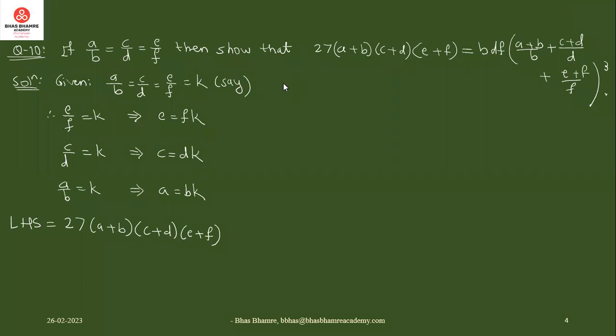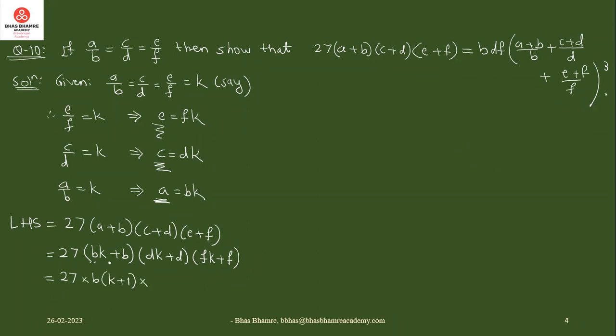We shall put the values of the known things A, C, E. So 27 into bracket BK plus B, into DK plus D, into FK plus F. So it is 27 into B bracket K plus 1.